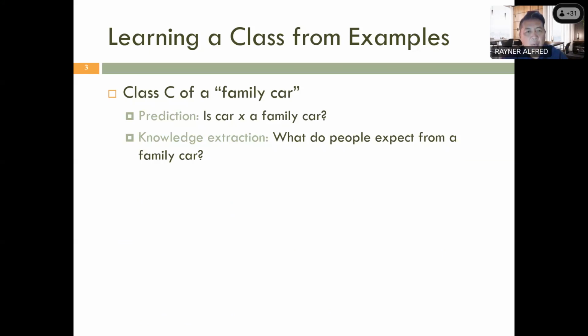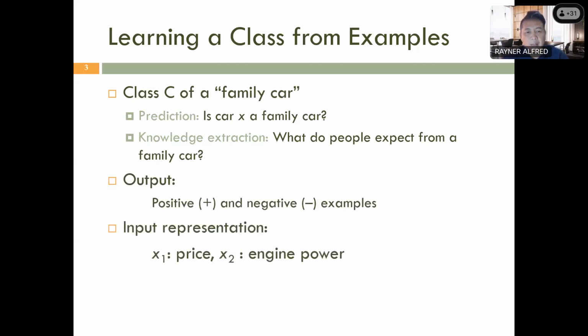For example, we are looking at the price and also the engine power. Then the output could be positive or negative. Positive means the car is a family car. Negative examples are those cars which are not family cars.